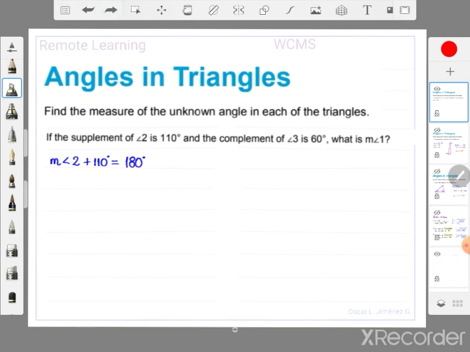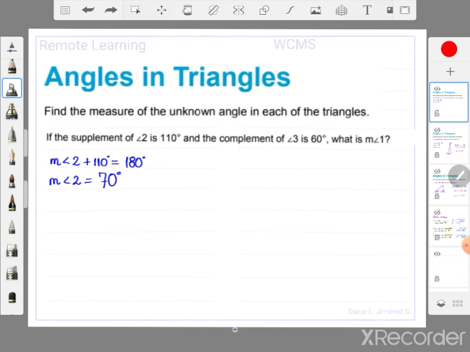Remember, supplementary angles, 180 degrees. Now, which number added to 110 equals 180? Very good, 70 degrees, okay? So the measure of angle number 2 is 70 degrees, because 70 plus 110 equals 180 degrees. Remember, supplementary angles, 180 degrees.